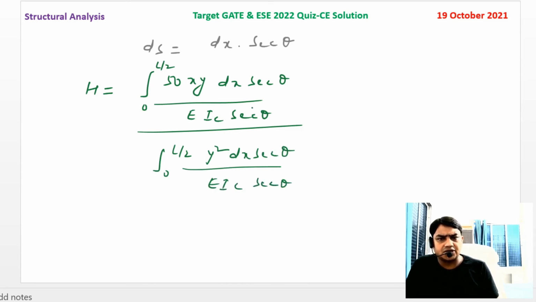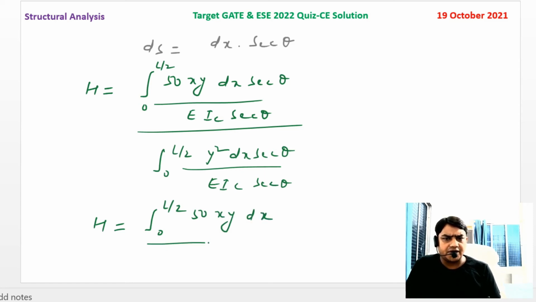So E Ic sec theta cancels, and the sec theta also cancels. So H equals the integral of 50xy dx divided by the integral from 0 to L by 2 of y square dx. This is equation number 2.